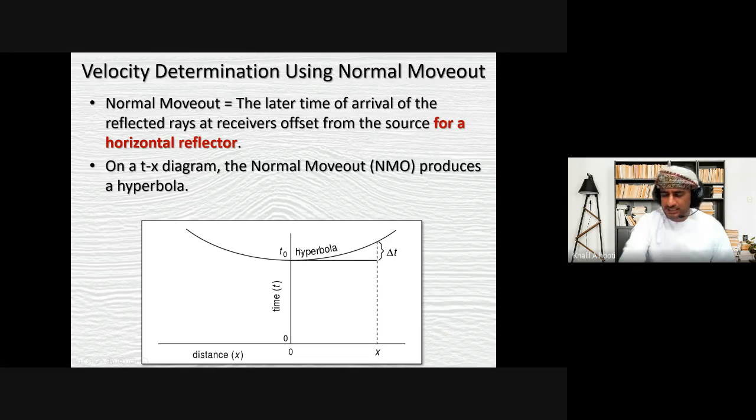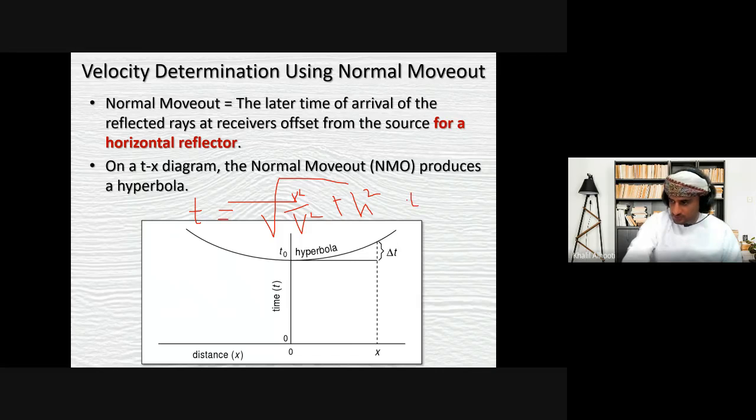So I create an equation of a hyperbola. The equation you saw there: t equals the square root of x squared over v squared plus h squared. This is the equation of a hyperbola.